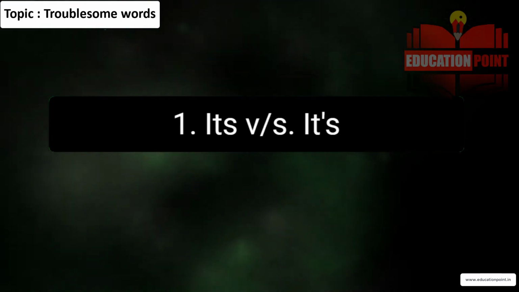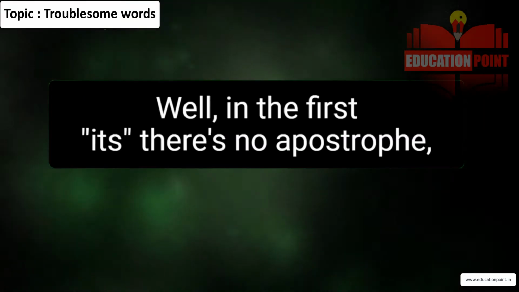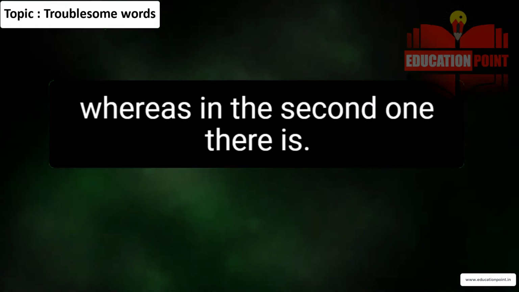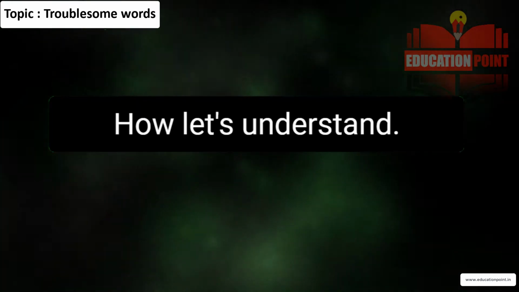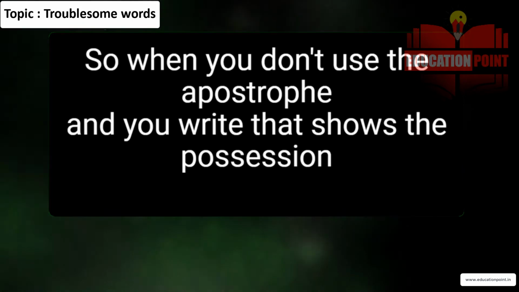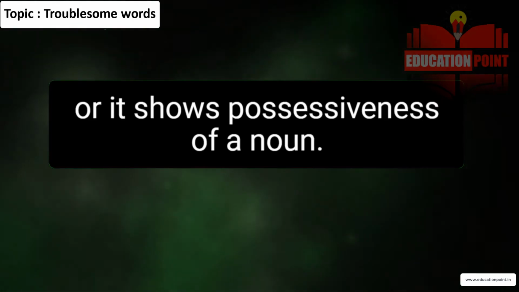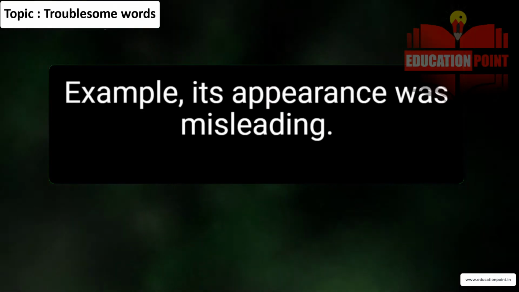The first one that you can see here is it's versus its. Well, in the first "its" there's no apostrophe, whereas in the second one there is. And that is what makes all the difference. How? Let's understand. When you don't use the apostrophe and you write "its", that shows possession, or it shows possessiveness of a noun. Example, its appearance was misleading.